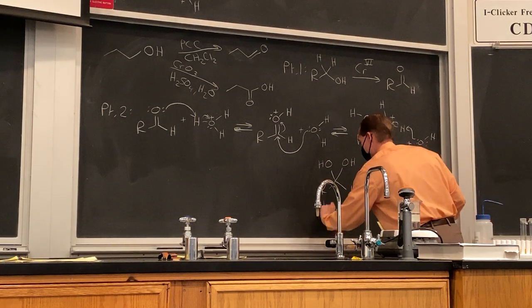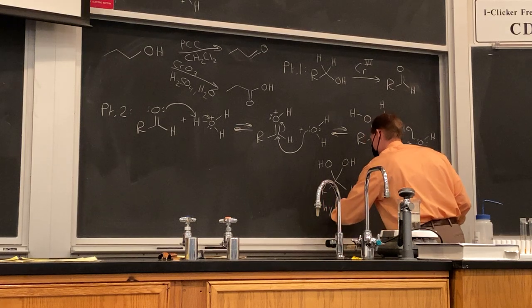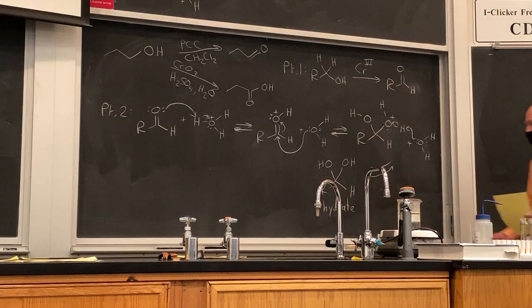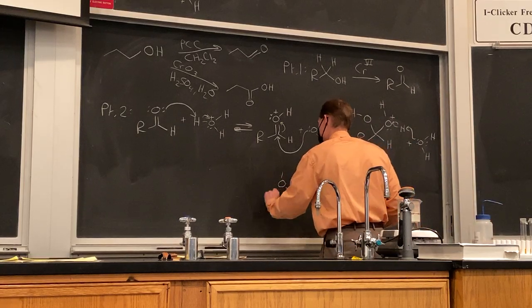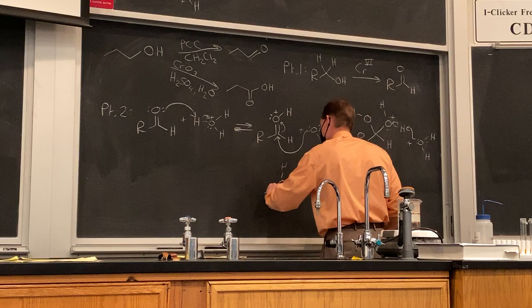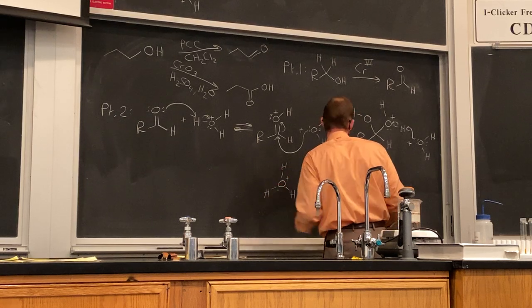It's also known as a hydrate. Because if you look at the aldehyde and you look at the hydrate, you can see the difference between them as we've added an equivalent of water to the aldehyde. So that's why this is referred to as a hydrate. And we're also generating H3O plus in that third step.